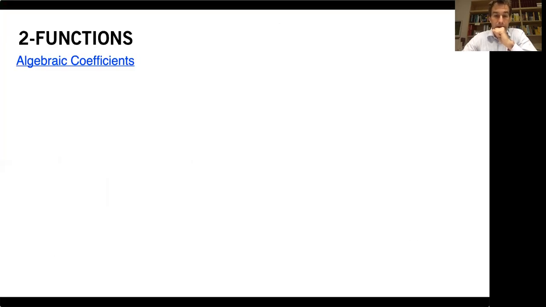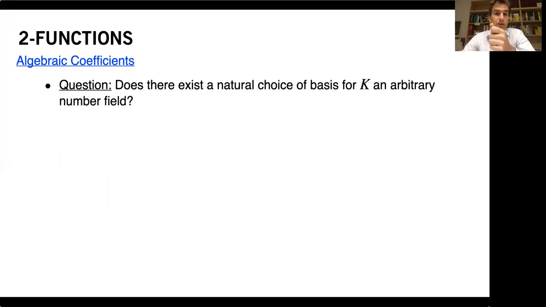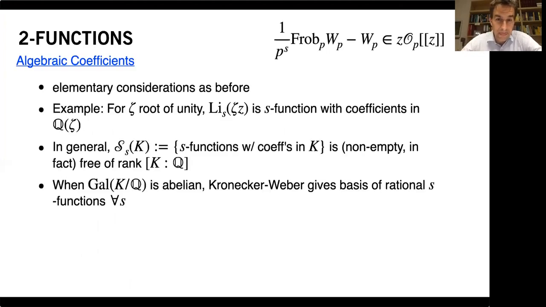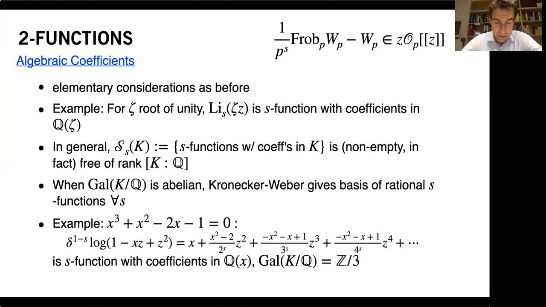But anyway, that's the question: does there actually exist a natural basis for an arbitrary number field? For abelian extensions, you get a basis of rational S functions. So you could ask whether something like this is possible for a non-abelian extension.